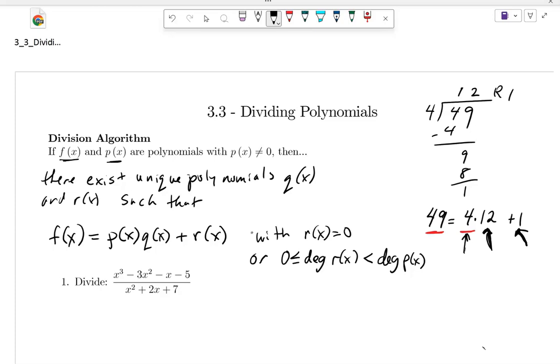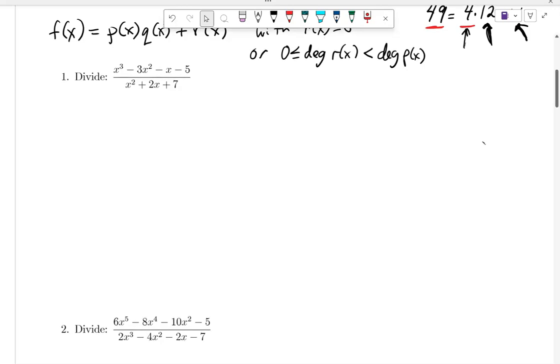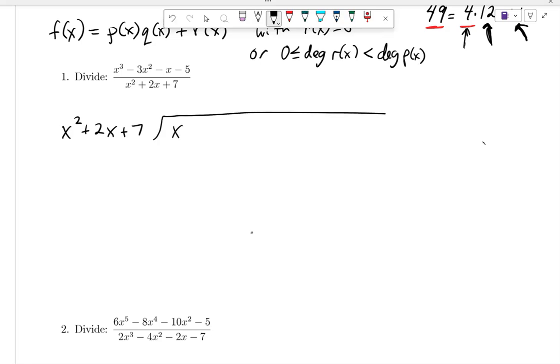Because that's what we're really interested in, is how do we do this division? And I'm going to set it up just like you do a long division in grade school. I'm taking x squared plus 2x plus 7, and I'm dividing it into x cubed minus 3x squared minus x minus 5. That's how you would set it up in grade school, right?